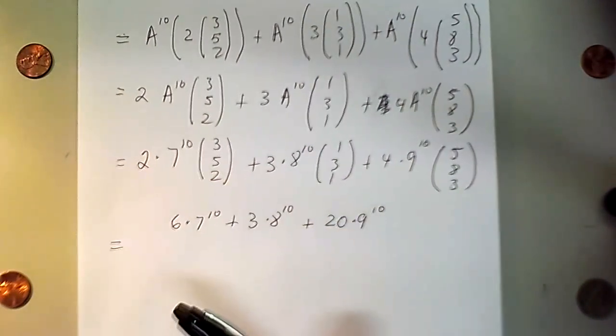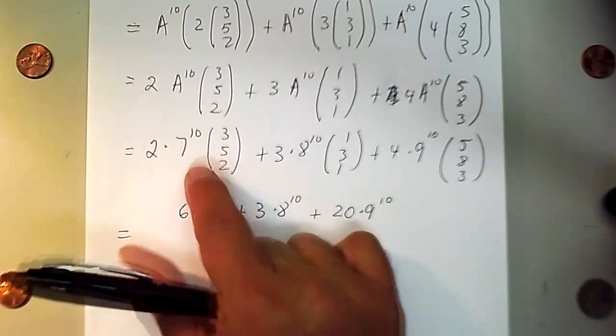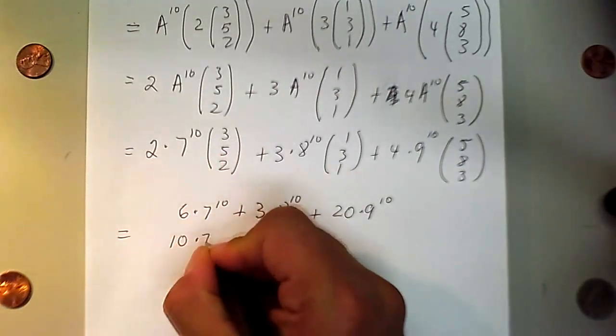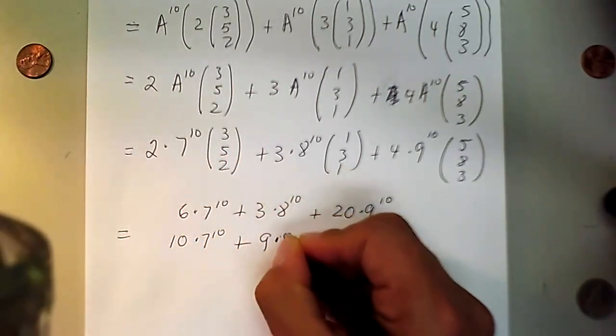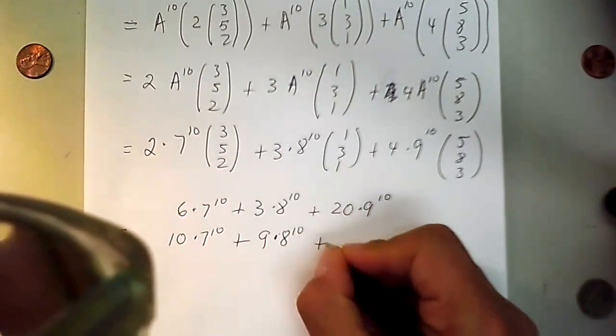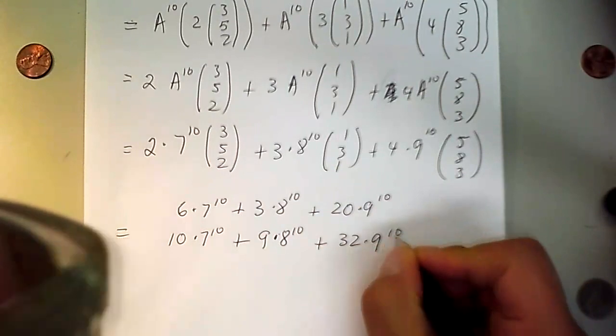We're going to end up with a vector. And then we do the same thing here. 10 times 7 to the 10 plus 9 times 8 to the 10 plus 32 times 9 to the 10.